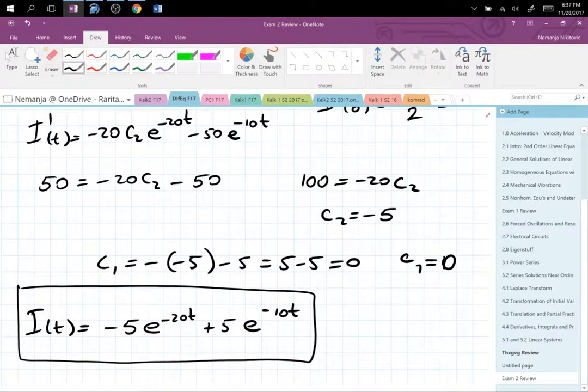You'll pick something where you'll give us the initial condition, yes, for the regular limits. So that's the I prime.